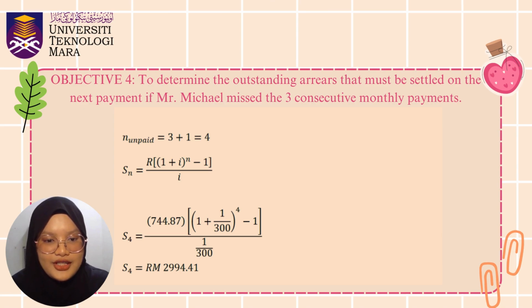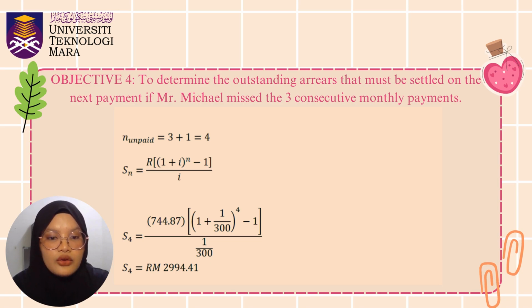Objective 4. To determine the outstanding arrears that must be settled on the next payment if Mr. Michael missed 3 consecutive monthly payments. N unpaid equals 3 plus 1, equals 4. S_n equals R times ((1 plus I) to the power n minus 1) over I. S4 equals RM744.87 times ((1 plus 1 over 300) to the power 4 minus 1) over 1 over 300.